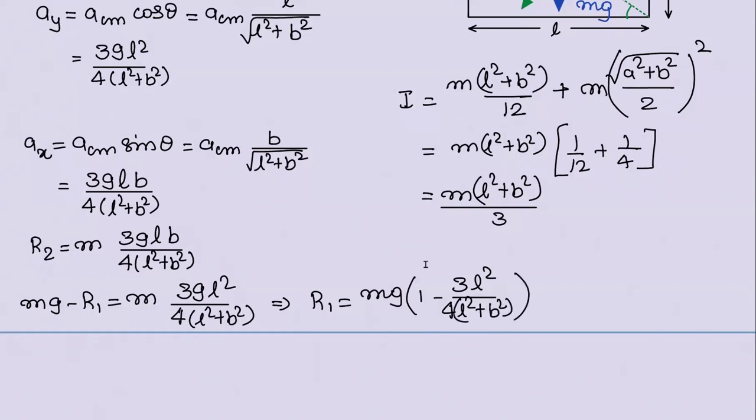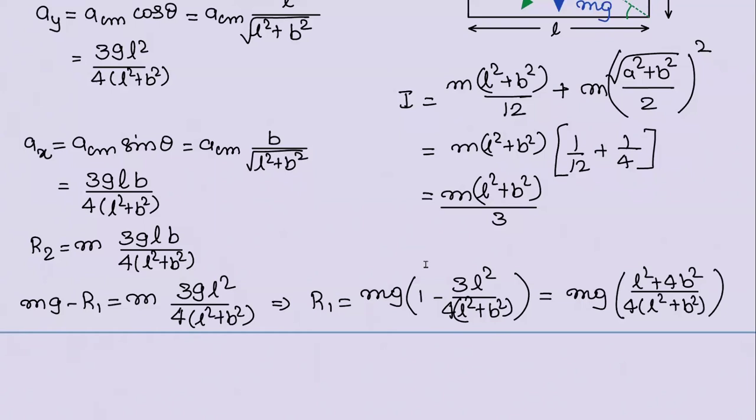If you simplify this, 4L square minus 3L square is L square. So mg into L square plus 4B square by 4 into L square plus B square. Yeah, perfect. This is the answer.